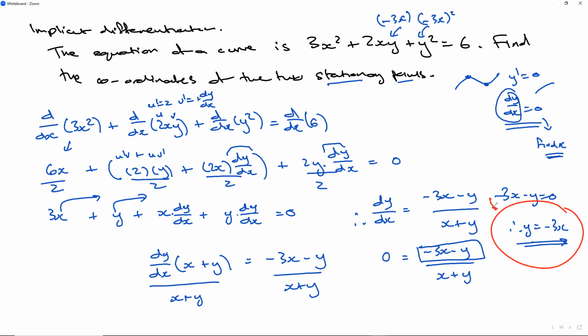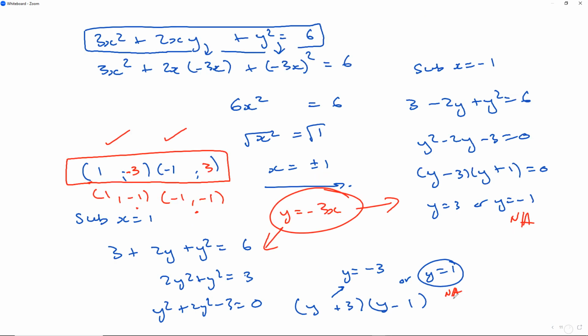So going back onto this page, and substituting a 1 and negative 1 in there, it's as simple as that. 1 goes in there, it becomes negative 3, negative 1 goes in there, it becomes positive 3. So those are the two components that we're looking for. Okay, we'll stop there.